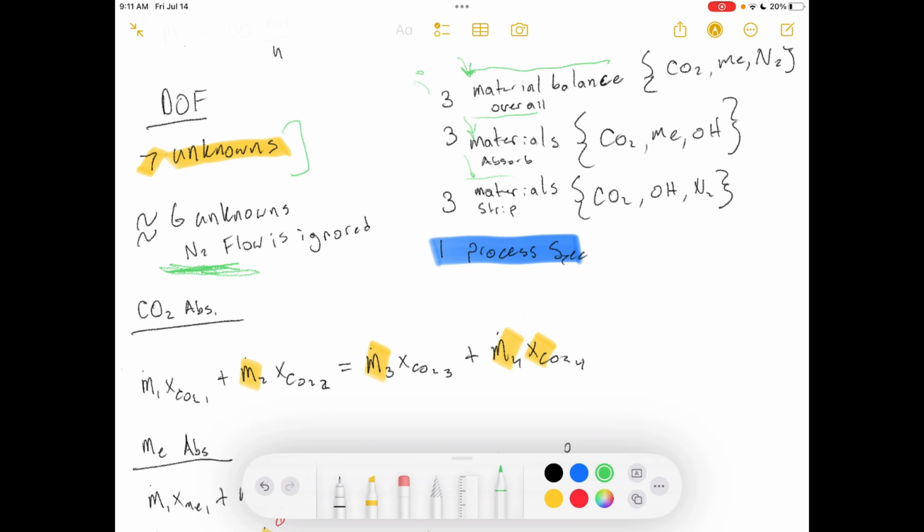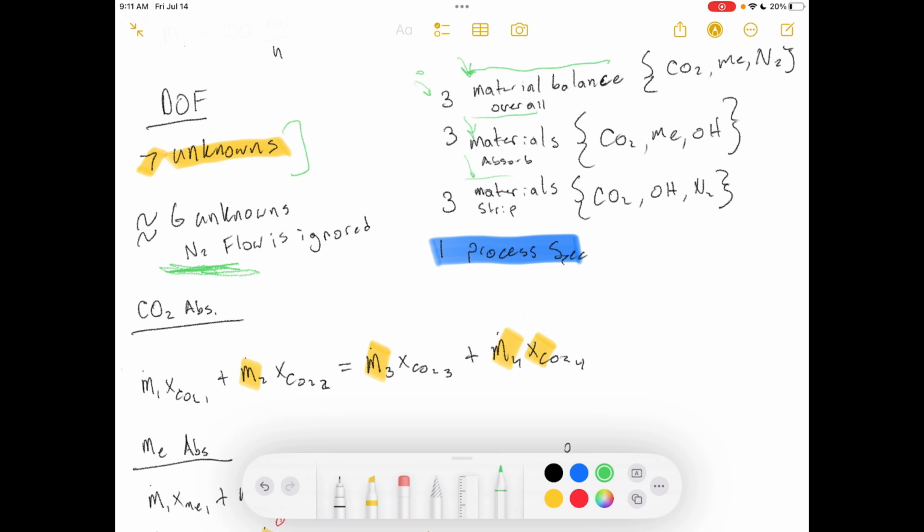Not all of these equations are going to be independent, obviously, right? We have 7 unknowns. We should have 7 independent equations. It turns out we don't, because, like I said before, the problem is not fully specified. So we're writing all of these balances, and we're looking for low-hanging fruit.